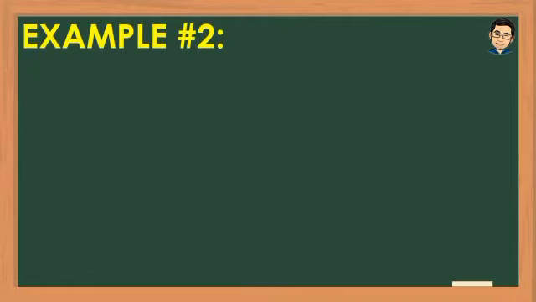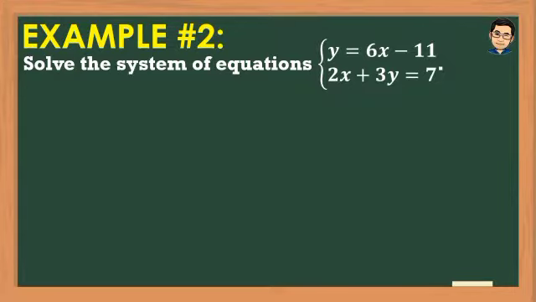So for our next example, solve the system of equations y is equal to 6x minus 11 and 2x plus 3y is equal to 7. So since yung ating first equation is written in slope-intercept form, mas madali na lang po ang pag-substitute natin ngayon. Okay?